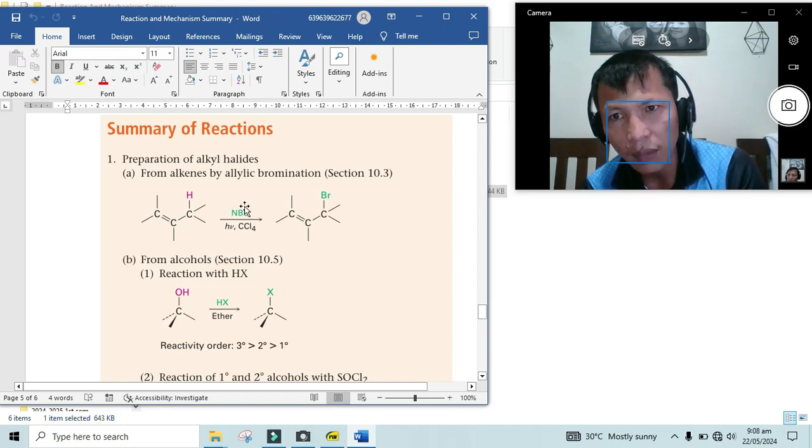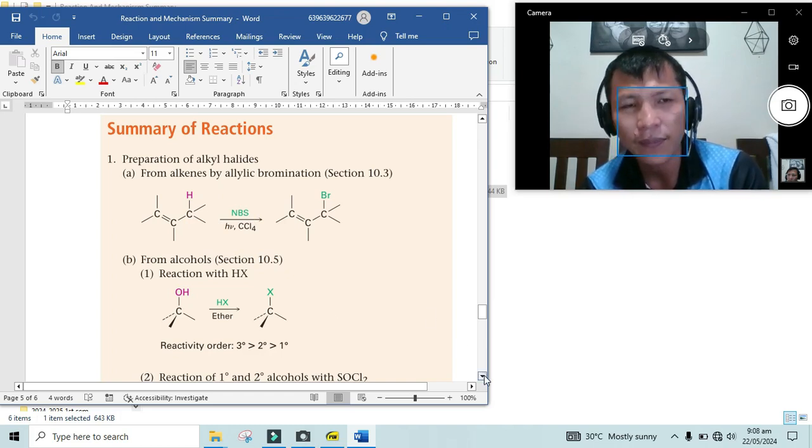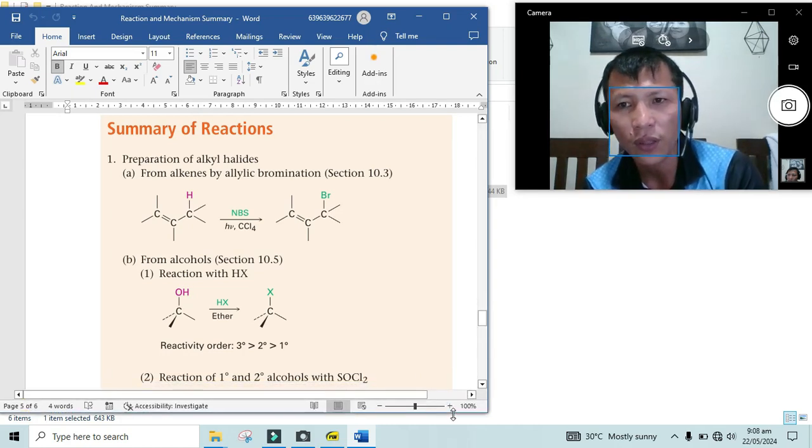So these are the reactants. But anyway, if you put NBS as your main reactant, it will fit. As I've already discussed on our board during our face-to-face discussions.